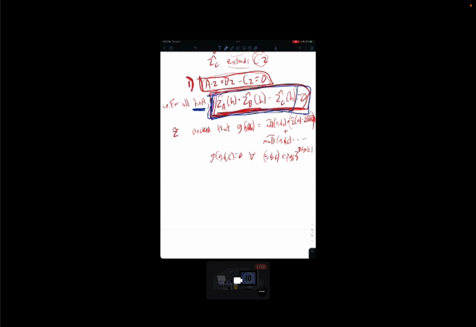This left-hand side vanishing over the nth root of unity is equivalent to checking that the vanishing polynomial of the nth root of unity, remember that's x to the n minus 1, divides the left-hand side, what I circled in blue. So divides ZA hat times ZB hat minus ZC hat.